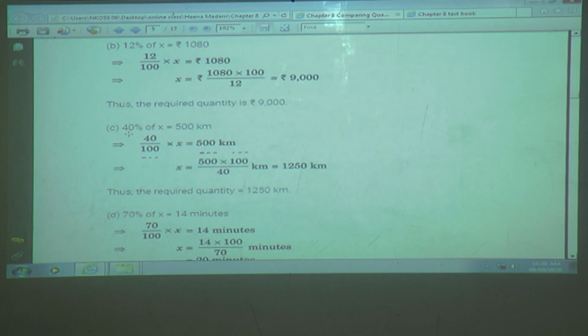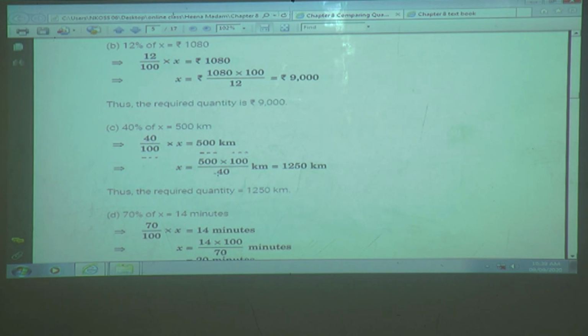Another example is 40% of x is equal to 500. Now my dear student, you can solve it yourself, because we have solved two examples here, so the steps are easy to understand. So 40% is written as 40 upon 100 multiplied by x is equal to 500 kilometers. So x is equal to 500 multiplied by 100 upon 40.